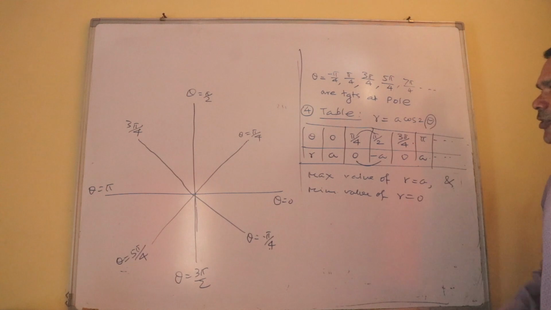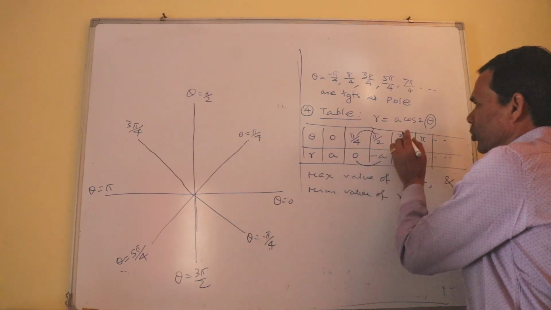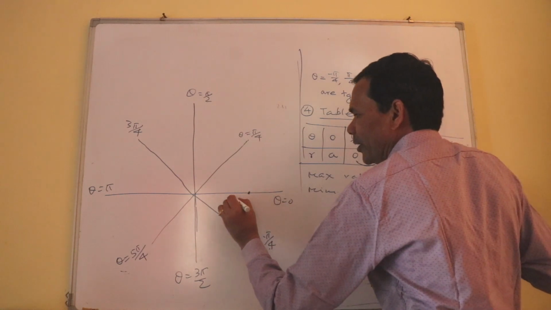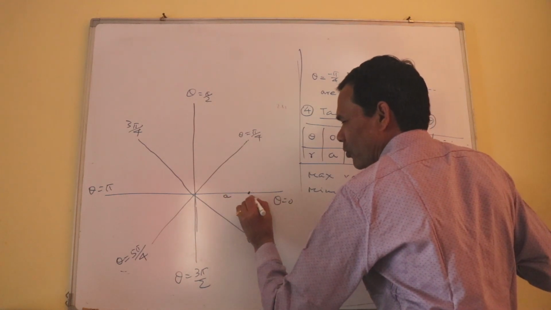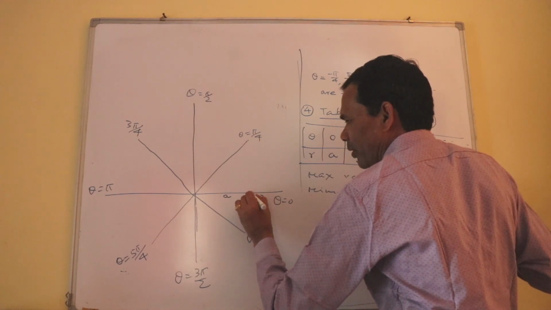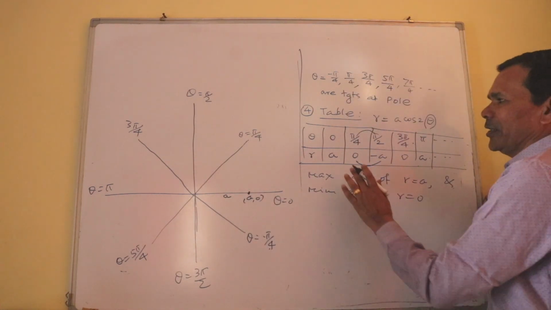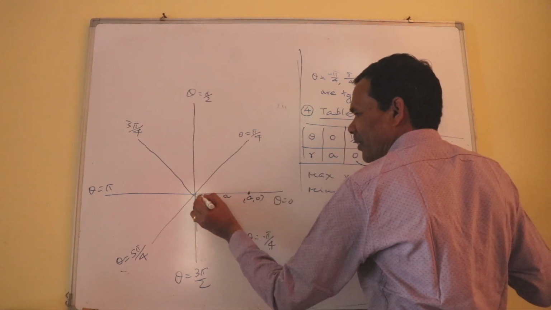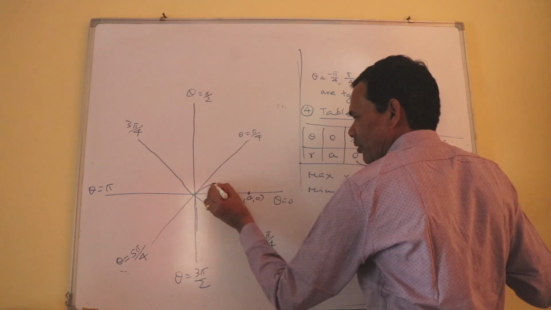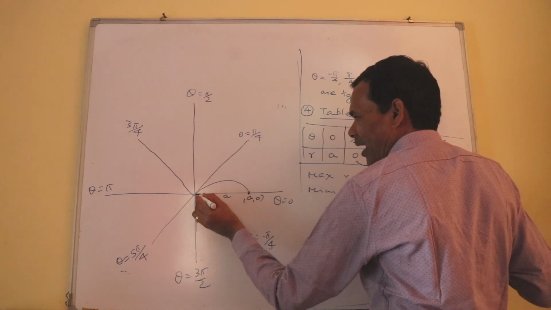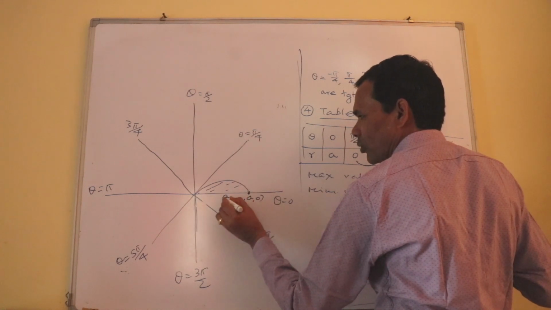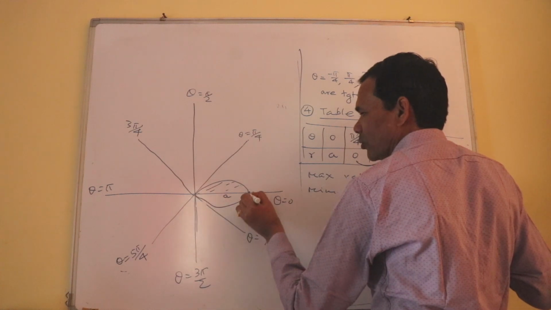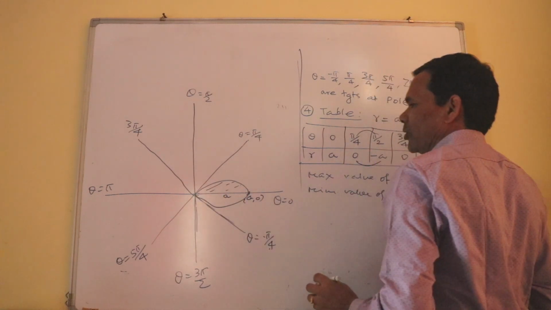So if you observe this, for theta is equal to 0, r is equal to a, which is the first loop here. And as theta increases from 0 to pi by 4, r decreases, so here is the loop. Here is also theta is equal to minus pi by 4.